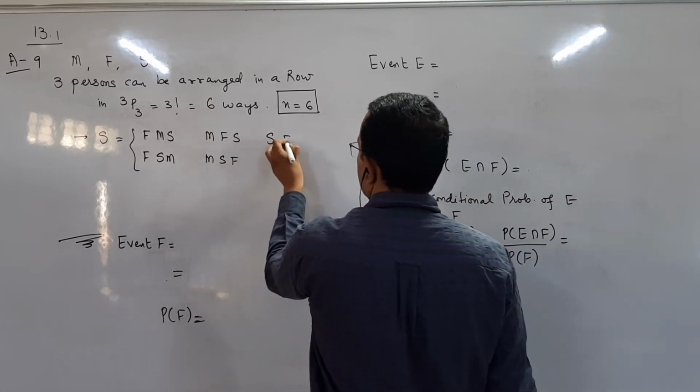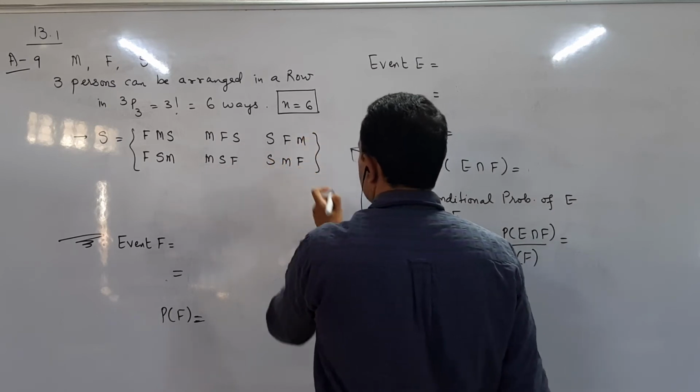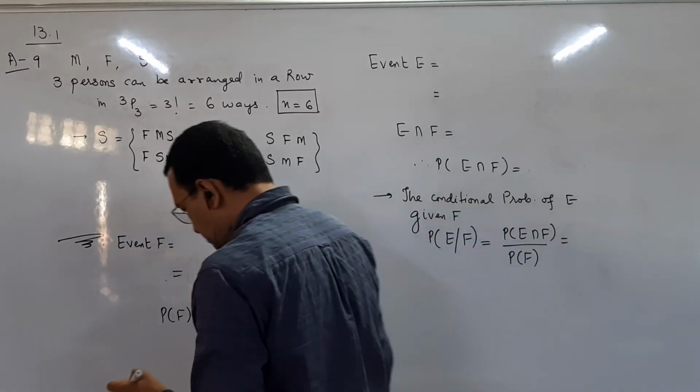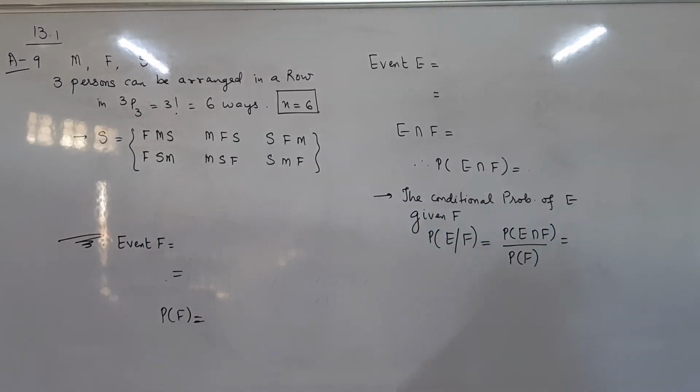Same, the son is first, then father and mother, and then mother and father. It is possible to write here these 6 elements because these are less. But suppose it was 5 persons and 5P5 is 5 factorial, which is 120. Then students, it is difficult for me to list all the 120 outcomes. But here it is easy.